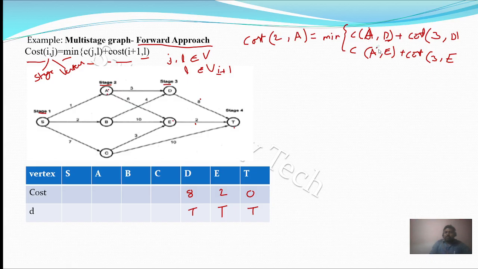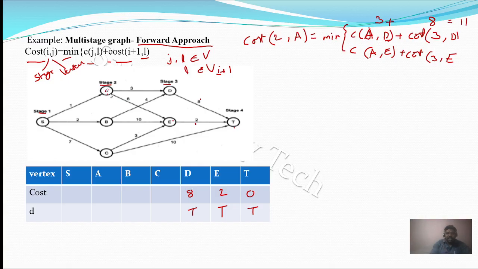So we can find out the minimum. For AD, the cost of the edge is 3, so this is 3 plus cost of 3D. Here you can see the cost of D is 8, so 3 plus 8 is 11.